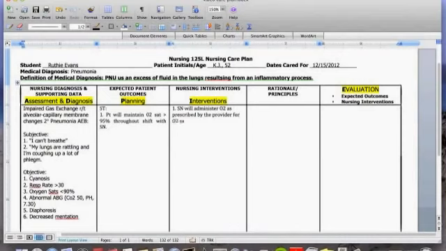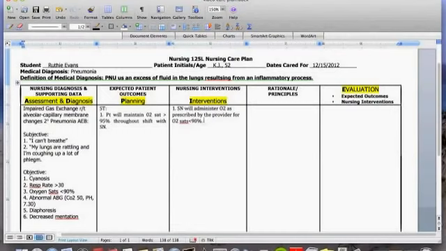So student nurse will administer oxygen as prescribed by the provider for O2 sats, let's say lower than 90%, because we don't want them to get too low, and we want to keep them at a good level there. Cool. I've got my goal, I've got my intervention, but how do we know that intervention is going to work?